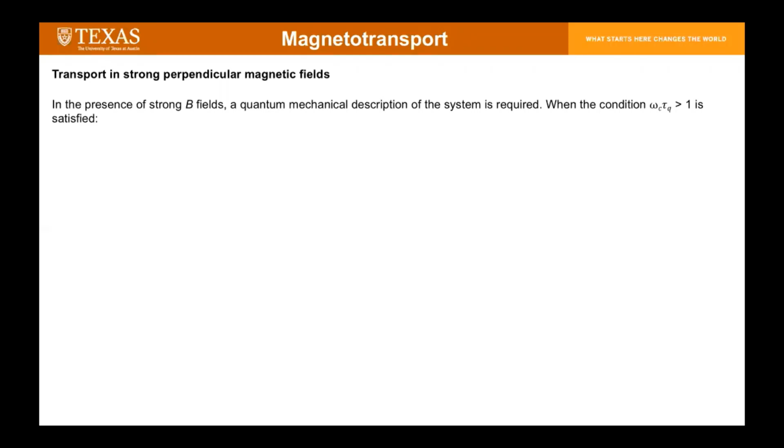So this is only used when you need a quantum description of the system. And this condition basically implies you have to have a big enough magnetic field, and you have to have low disorder in the system to observe quantum effects. You don't expect to see quantum effects when you have a highly disordered, low mobility 2DEG. You have to have a very clean sample.